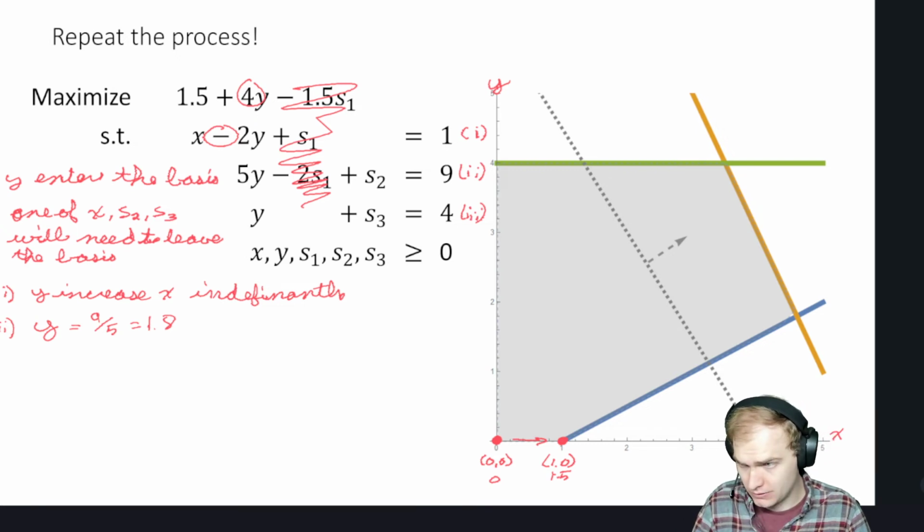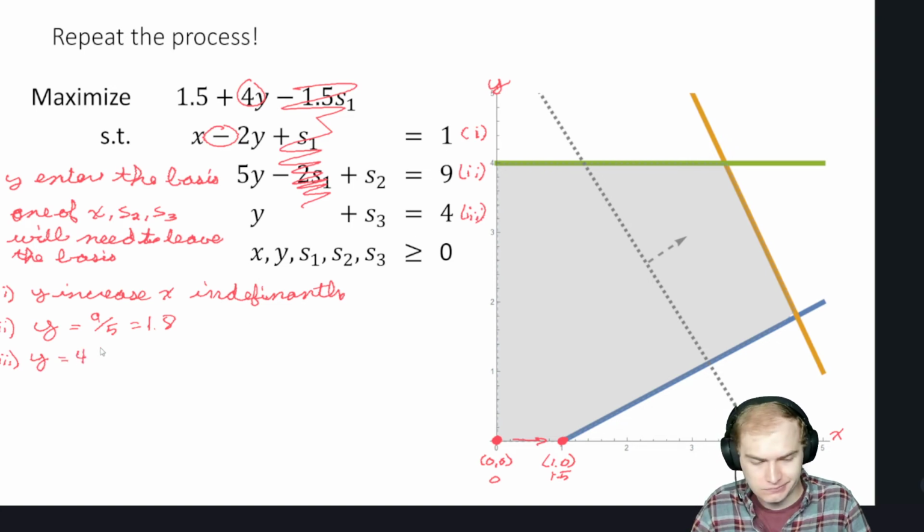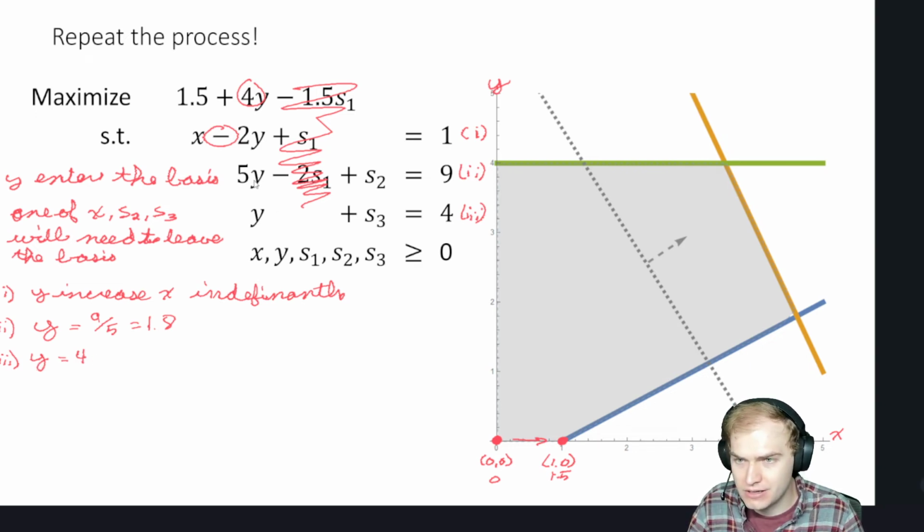And, excuse me, the third constraint gives us, if we set S3 to 0, y equals 4. Notice that if we plug y equals 4 into the second constraint, we'll get 5 times 4 is 20, plus a positive number equals 9, which is not true.